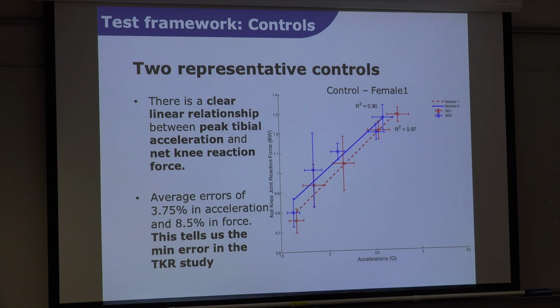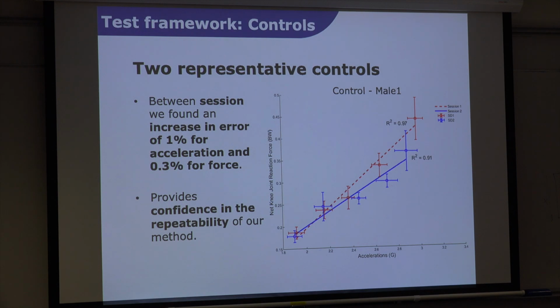So from this we found that there was a clear linear relationship between peak tibial acceleration and net knee reaction force. The average errors across our 4 people were 3.75 for acceleration and 8.5 for force. This basically tells us the minimum error that we can expect when using the same pipeline for our total knee replacement patients.